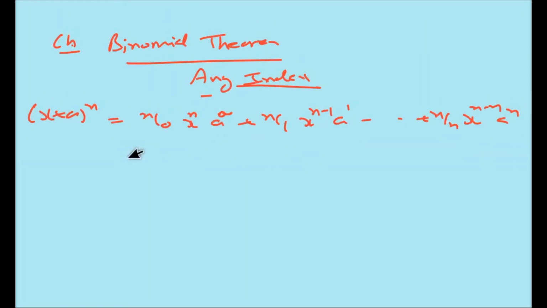This is the binomial theorem for positive index. You have already discussed it in the previous video. So now I am going to tell you first slightly about this, and then for any index.